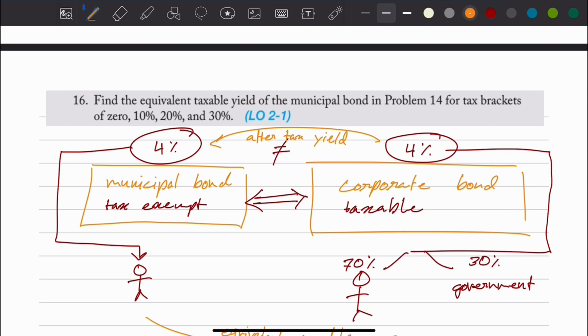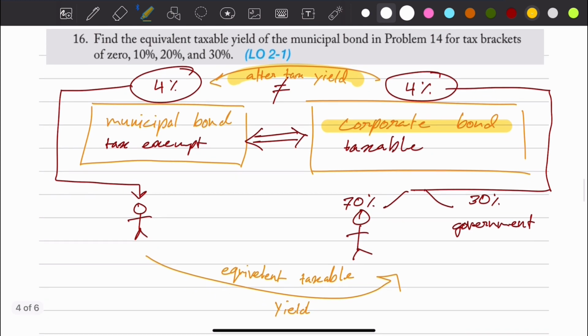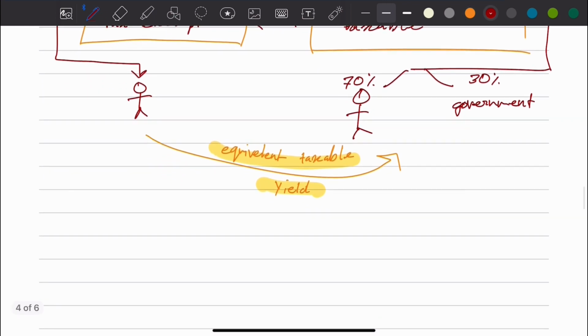Now, what we have done in problem 14 and 15 is that we have taken this corporate bond rate and we have transformed it or calculated the after-tax yield, right? But in this particular problem, problem 16, we're going to do the opposite. We're going to take the municipal bond's rate and calculate the equivalent taxable yield. What is the formula that we're going to use?